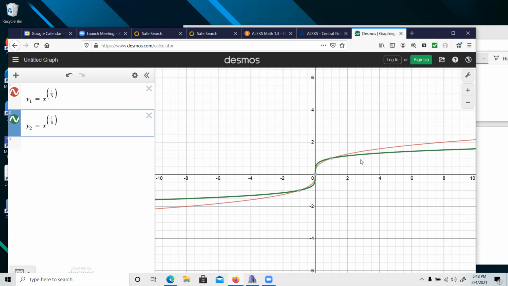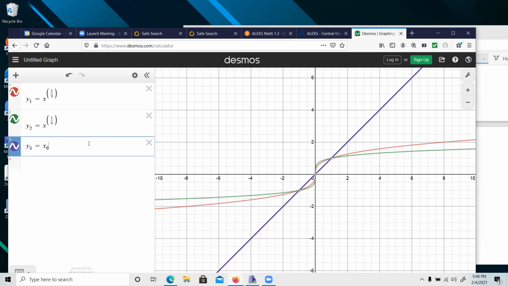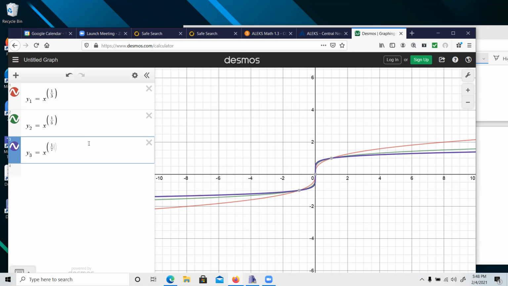You see how the 1/5 kind of flattens out a little bit faster? And what do you think is going to happen to 1/7? It's going to flatten out even more. That's a 7th root.